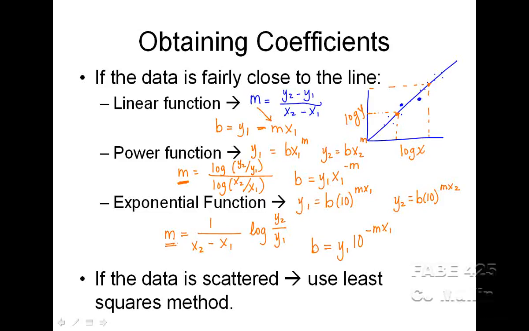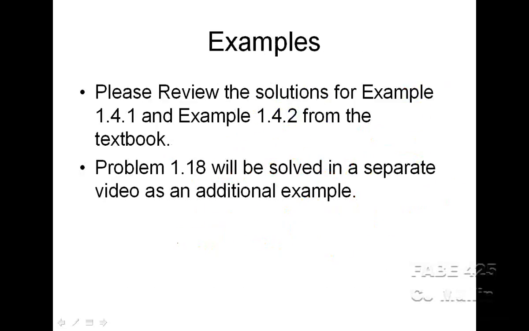So if the data is close to the line, you can use this kind of mathematical approach, but if the data is scattered and you're not really sure exactly where that line is, you're going to use the least squares method to calculate.